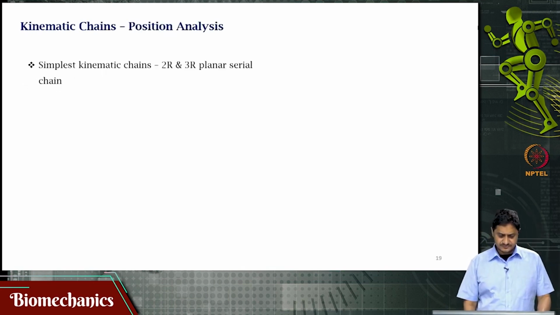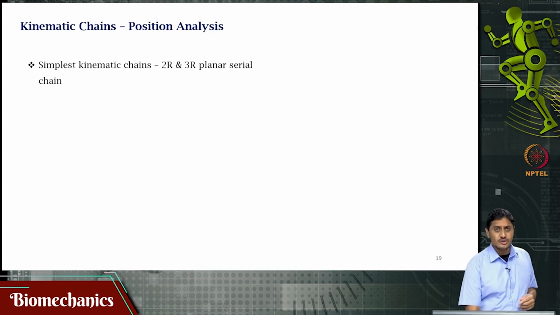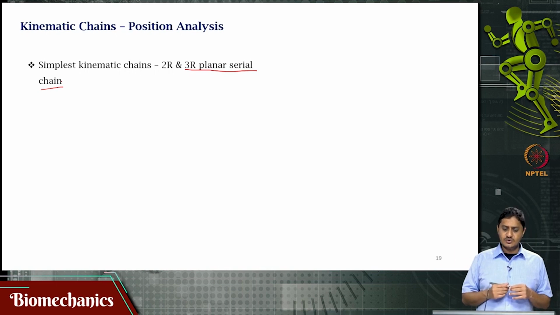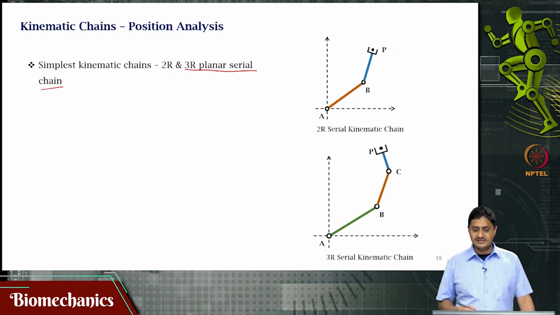So, consider the simplest kinematic chain, a two-link planar serial chain. We will also be focusing on 3R, or the three-link planar serial chain, which we will do in a future video. For now, we restrict our attention to a 2R planar serial chain, that is of this type.